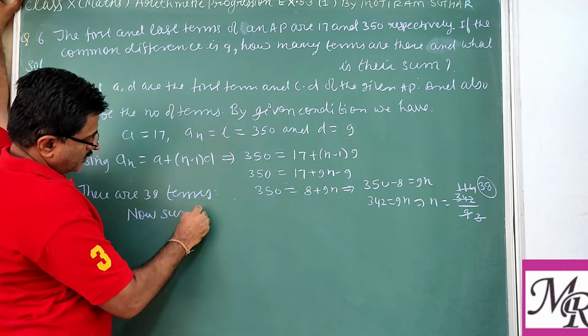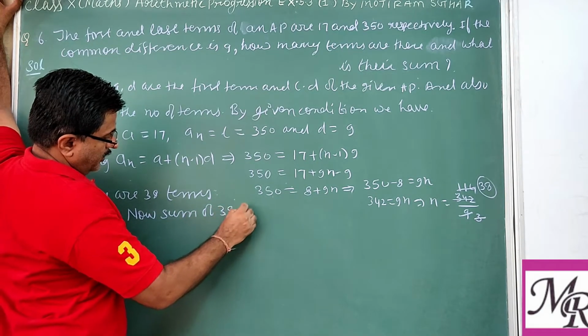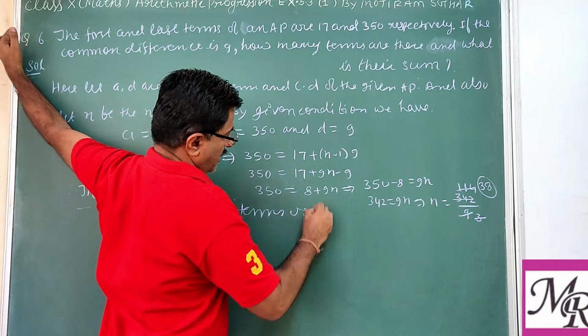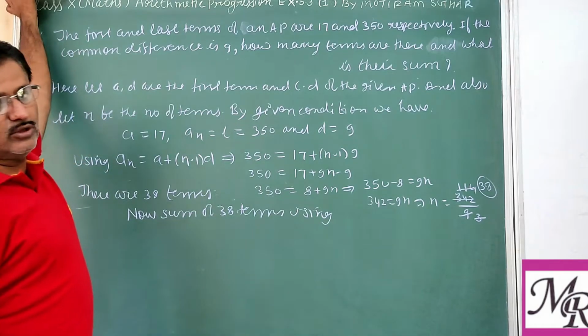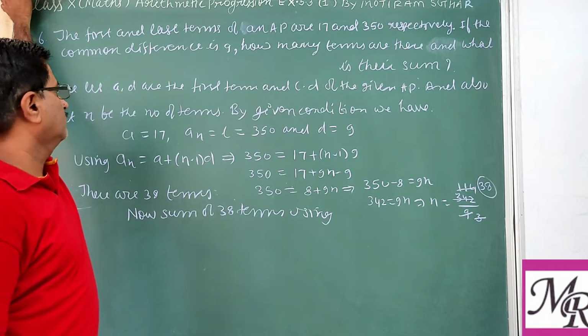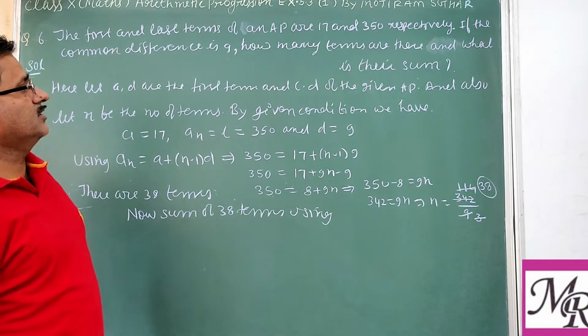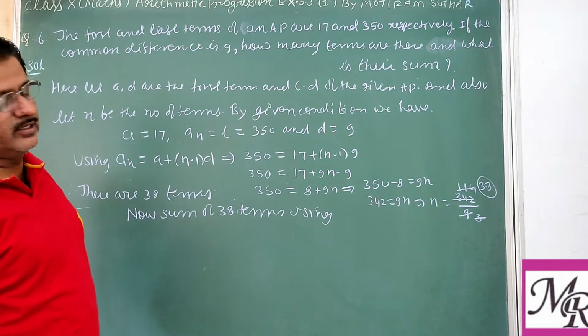Now we also have to find the sum of 38 terms. You can use both formulas for the sum of n terms, because the first term is given, the last term is given, n is given.